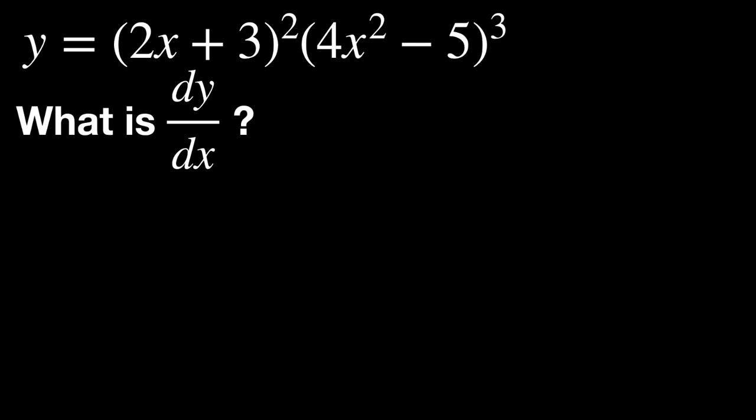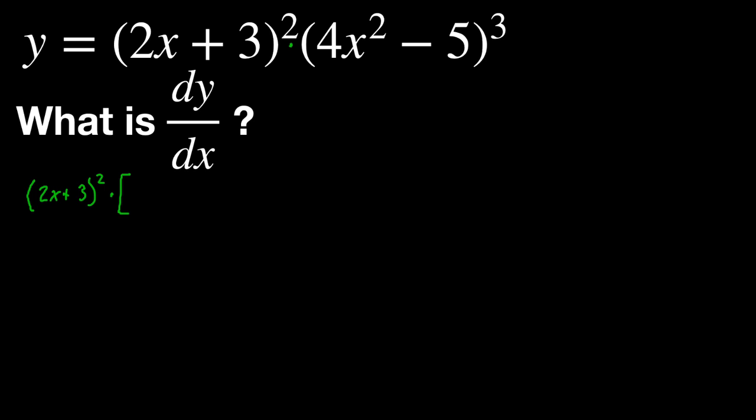All right, so let's take the derivative of this, which this problem is going to involve using product rule because we've got a multiplication here. And so let's start out. dy dx is going to be the first, which is this, times the derivative of the second.